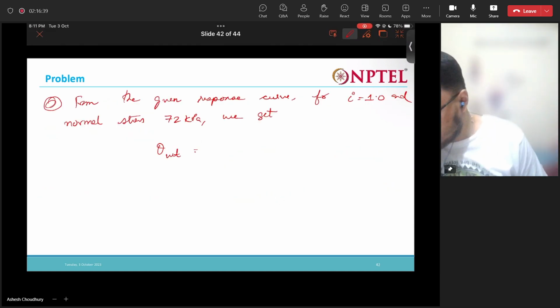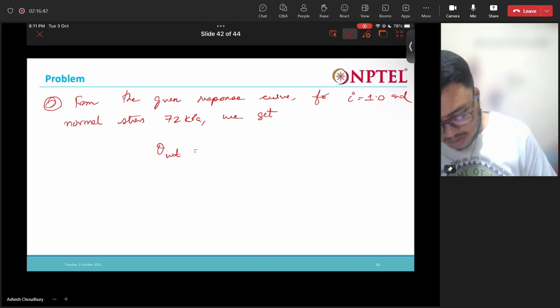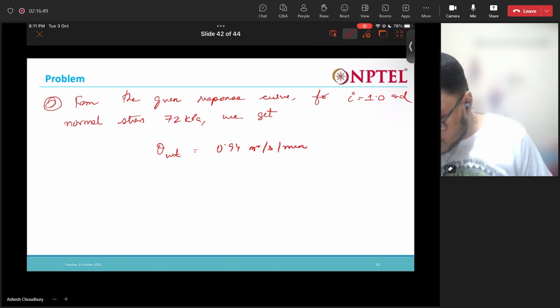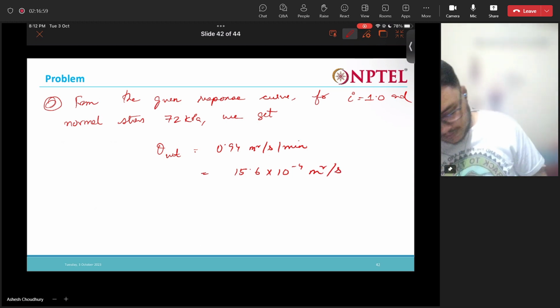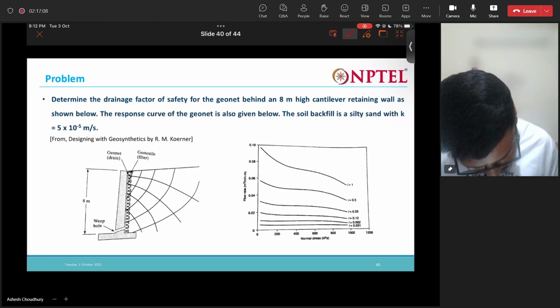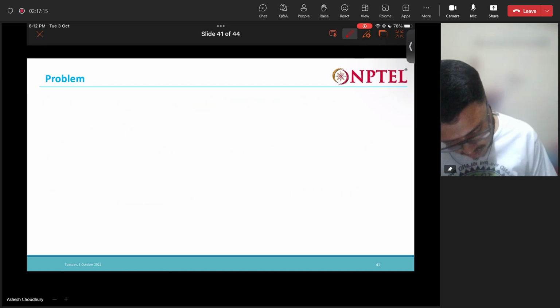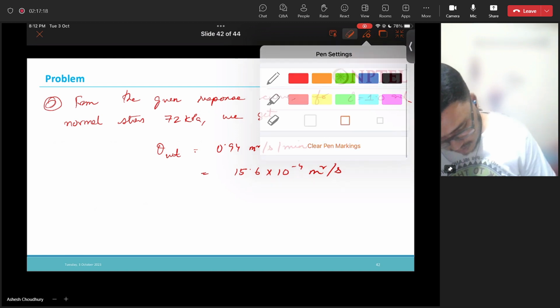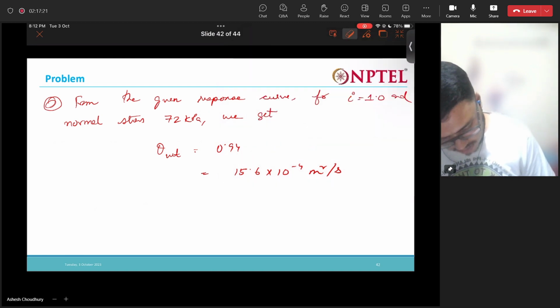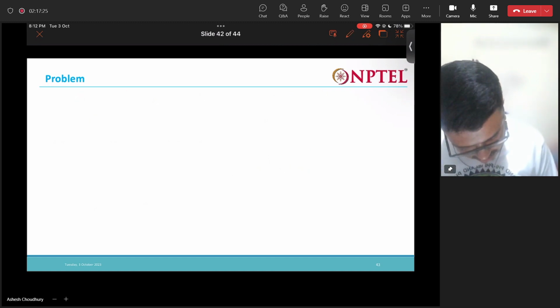Theta ultimate is 0.94 meter square per second per minute. Just write this unit. So what is the unit? Just see here properly.